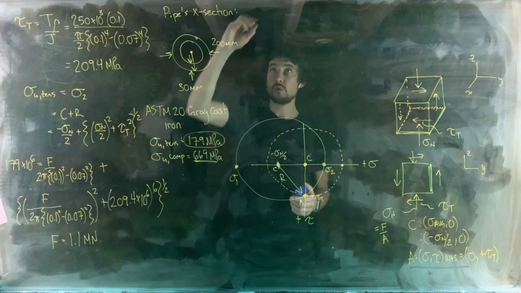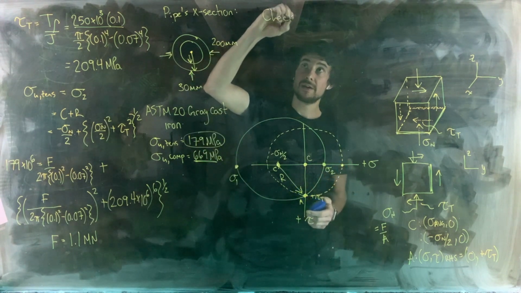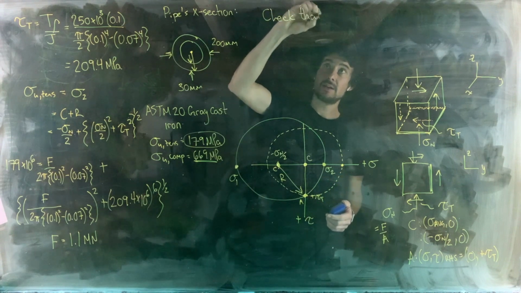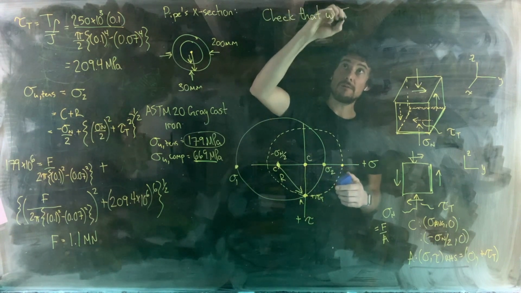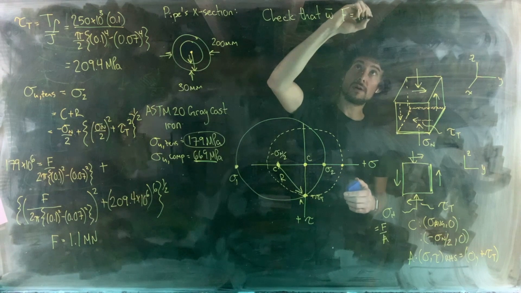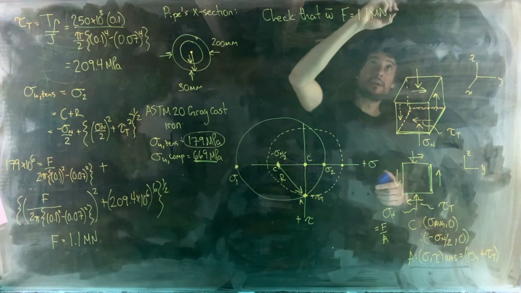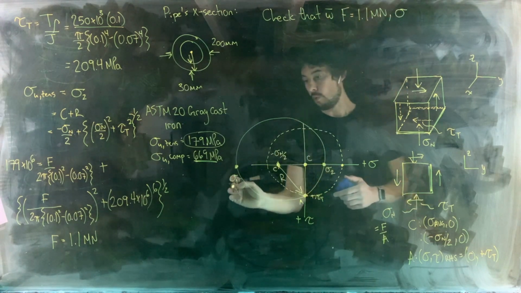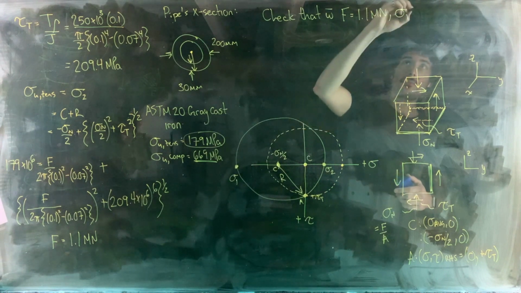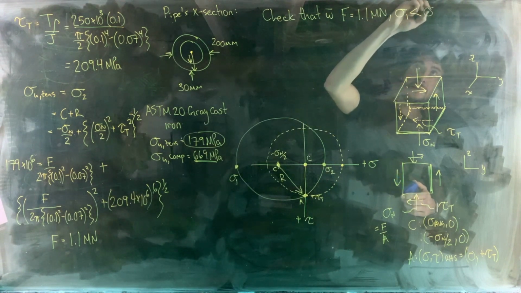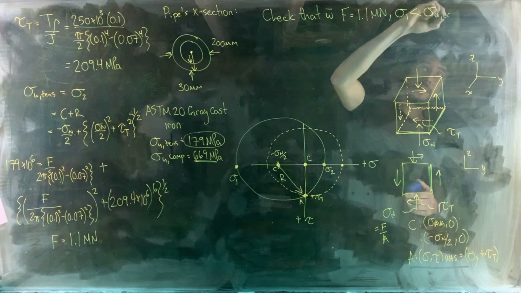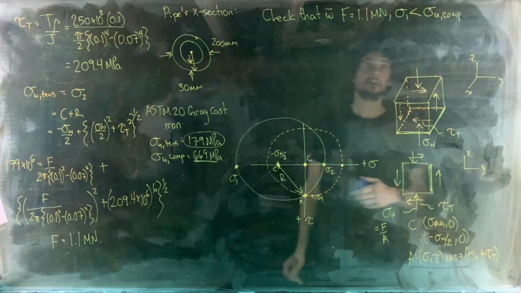So check that with F equal to 1.1 meganewtons, sigma 1 is less than sigma ultimate compression, right?